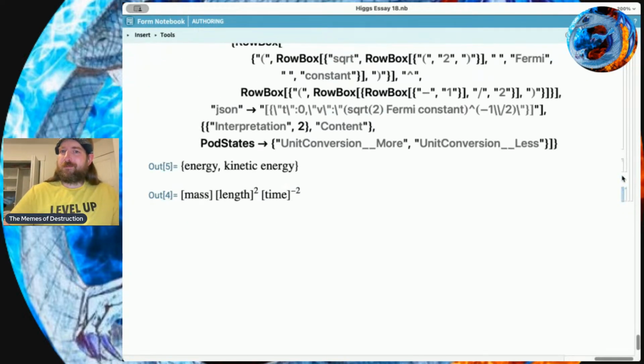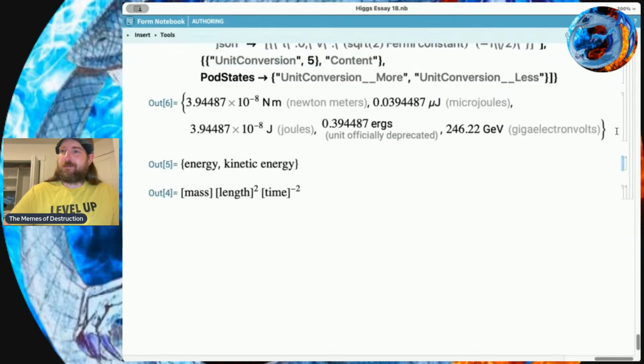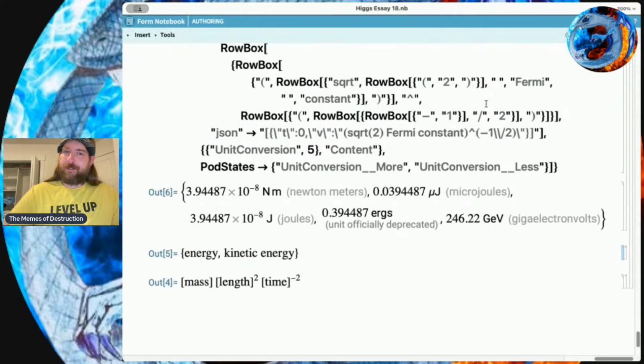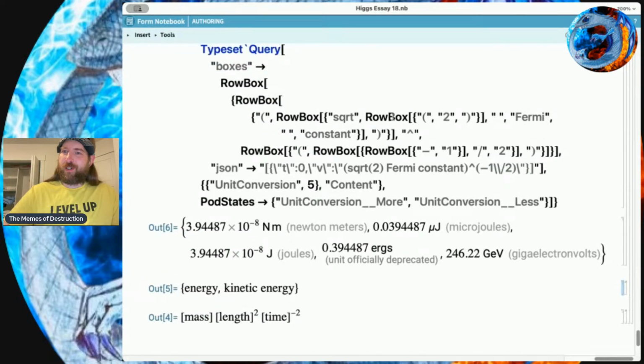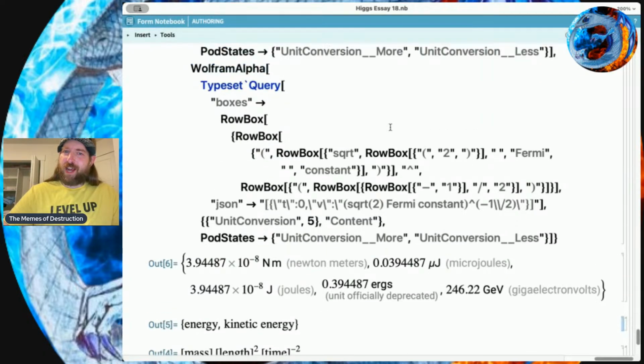Roll that up. Roll that up. We want the unit conversion. We want the 3 through 5.